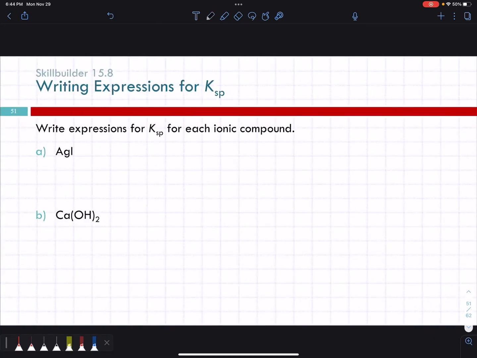Okay. So if we wanted to write a solubility product constant equation for silver iodide, we're going to have silver iodide dissolving into silver plus iodide. These will both be aqueous.